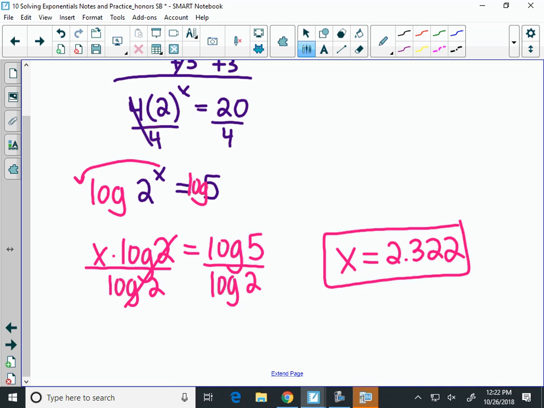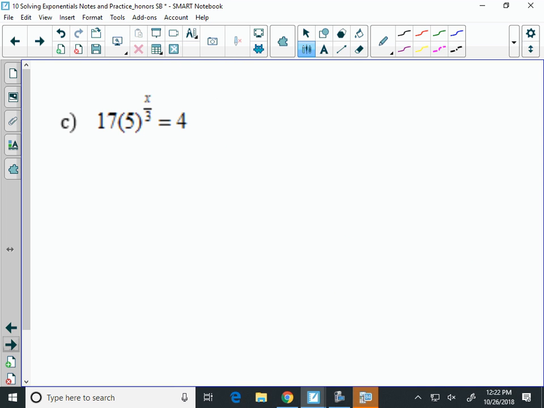I don't remember if that was one I was going to do or not. Let's look at C. Oh yeah, I do want to look at C real quick, just to review from yesterday and then move on. I have 17 times 5 to the x over 3 power equals 4. So let's start with dividing by 17. Now does 4 over 17 simplify to a nice number?